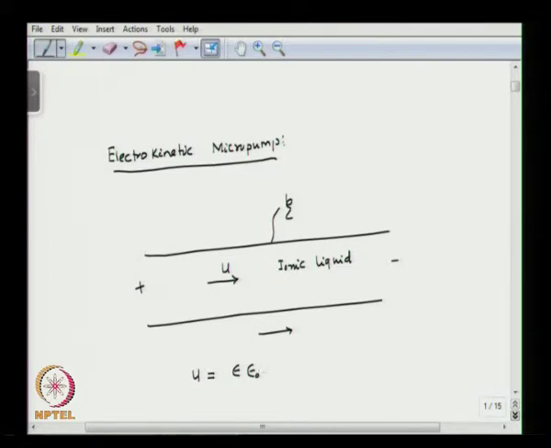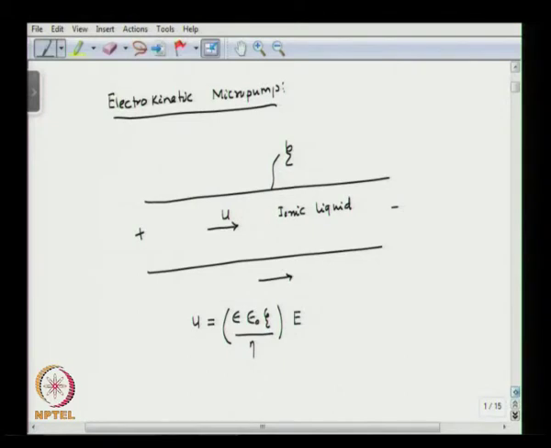0. So that is the permittivity of free space, this is the dielectric constant of the liquid, into zeta potential over the viscosity of the liquid, into the electric field. So that is the expression for the electroosmotic velocity.